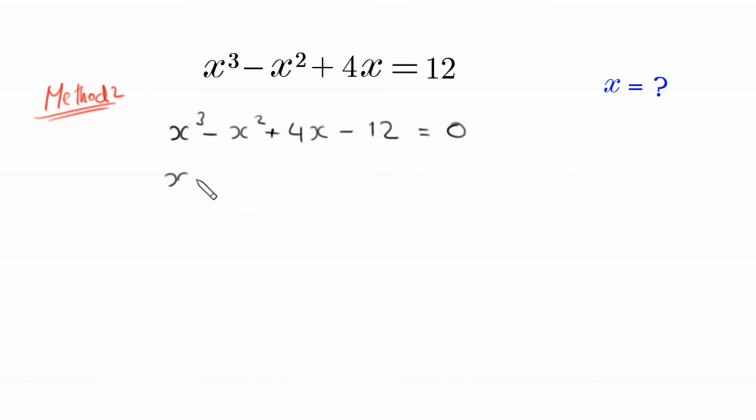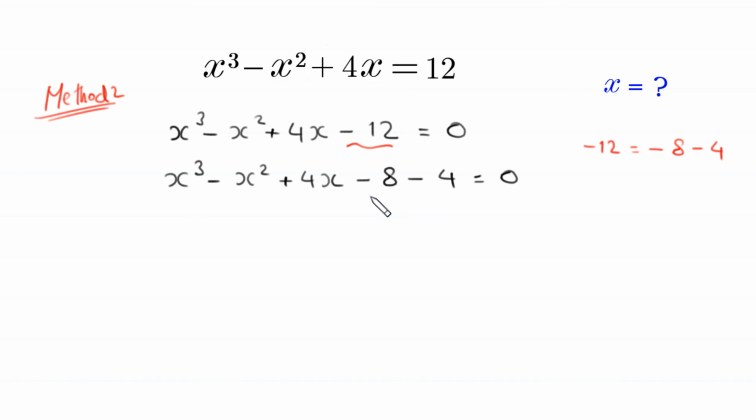This negative 12 can be written as negative 8 minus 4. So we write x cubed minus x squared plus 4 times x, negative 8 minus 4 is equal to 0.